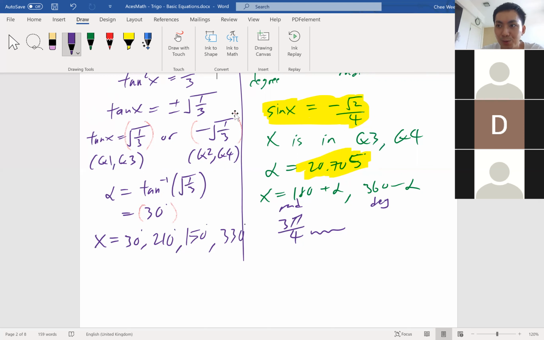So pi corresponds to 180. So this is just 3/4 times 180 degrees, which is 135 degrees.